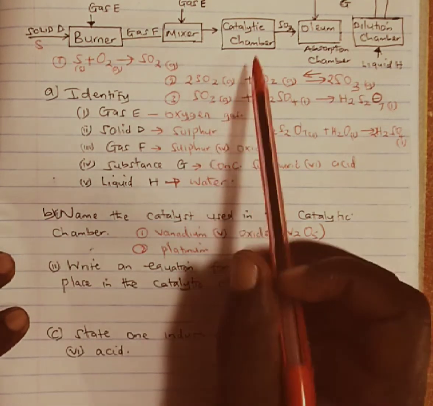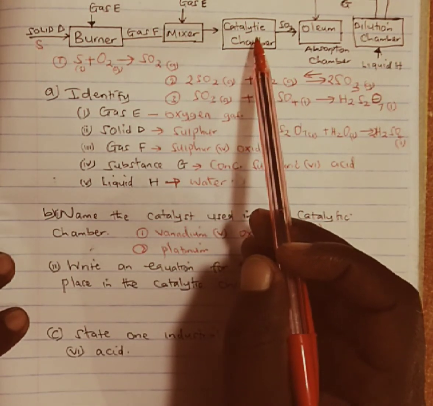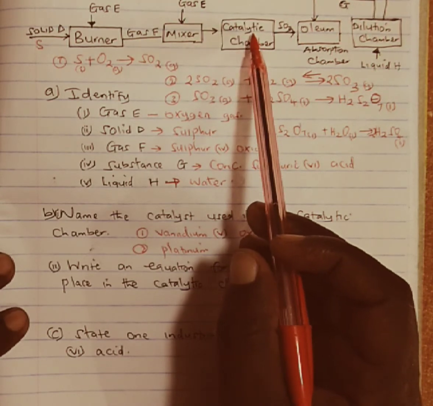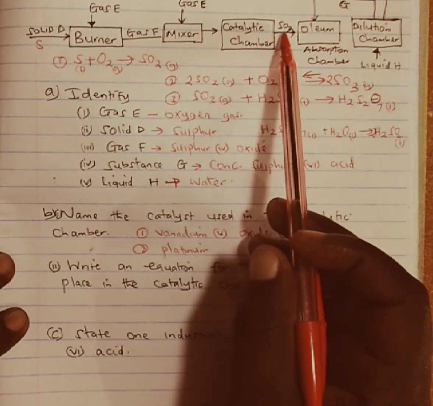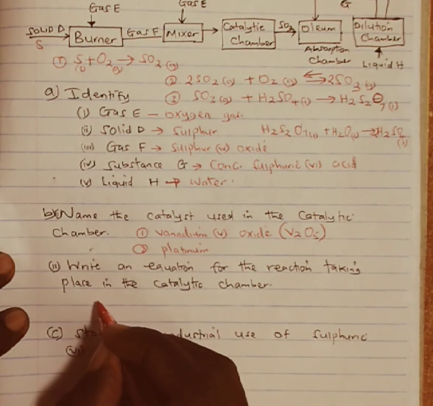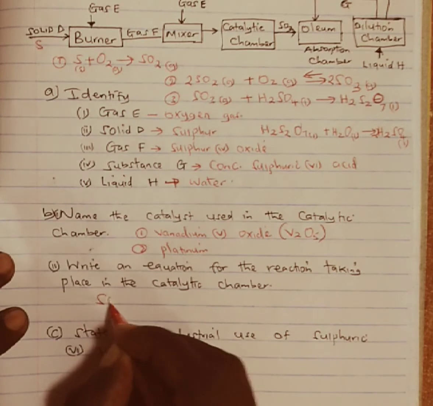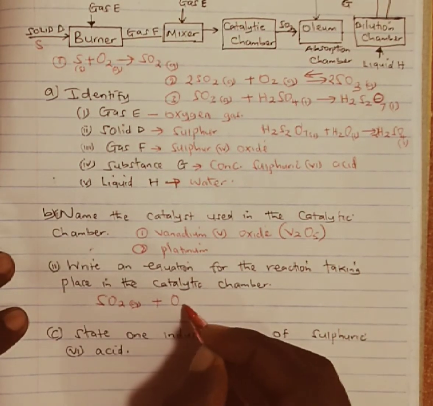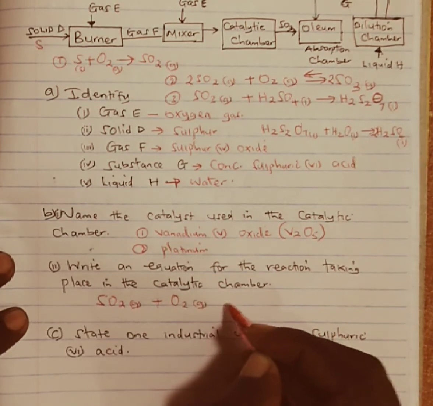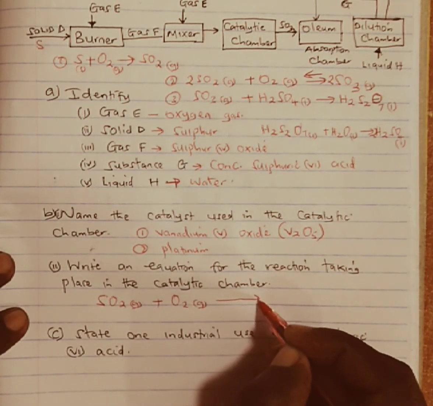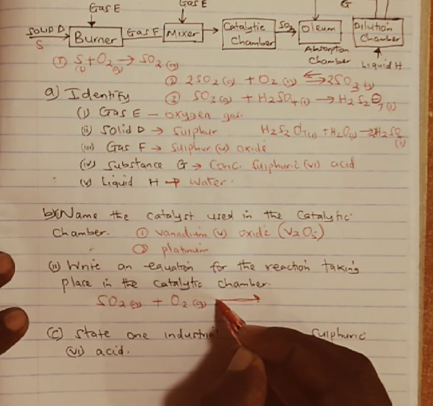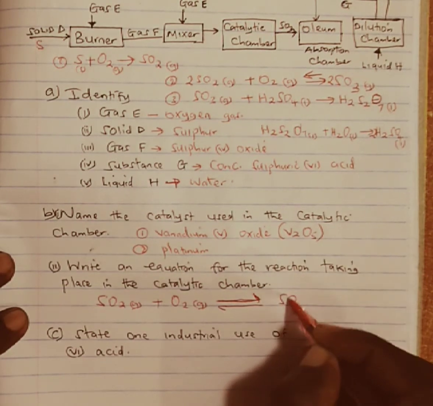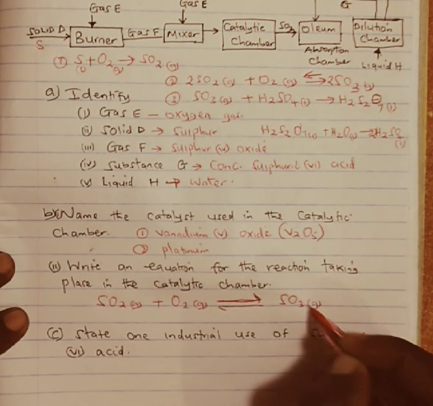In the catalytic chamber is where we are going to have sulfur 4 oxide reacting with more air to give us sulfur 6 oxide, and therefore we are going to have sulfur 4 oxide being oxidized further in air to produce sulfur 6, which is a gas.